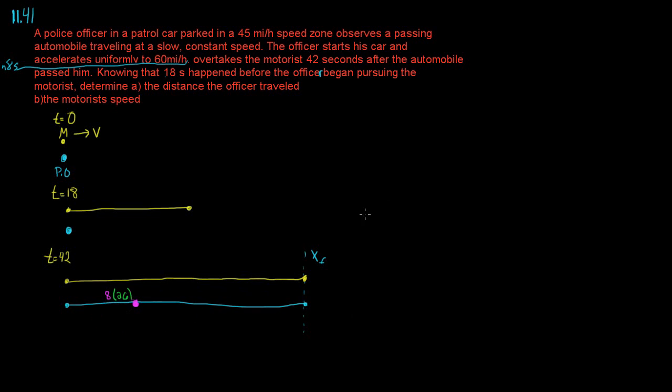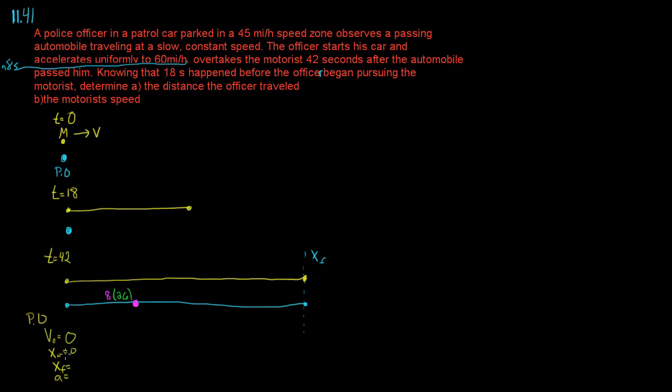If we try to figure out what the acceleration of the police officer is, because it's not given, this is the police officer's information. The initial velocity is 0. His initial position is 0. We don't know his final position. We don't know his acceleration.